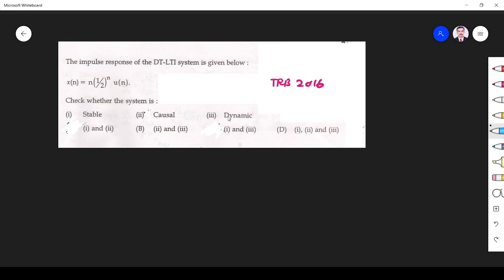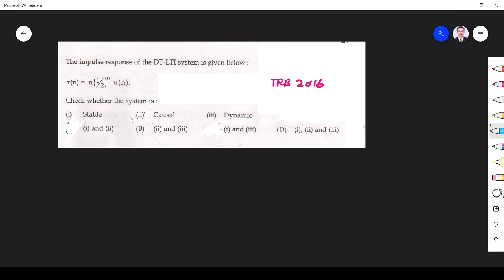It is not depending on past values. If you put x of 0, it will become 0. X of 1 is 1 into (1 by 2) power 1, u of 1, and so on. It is simply a static system, not depending on past or future.